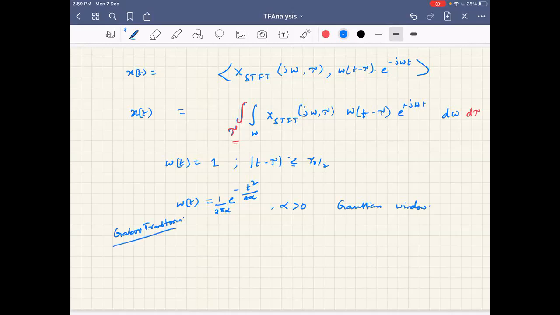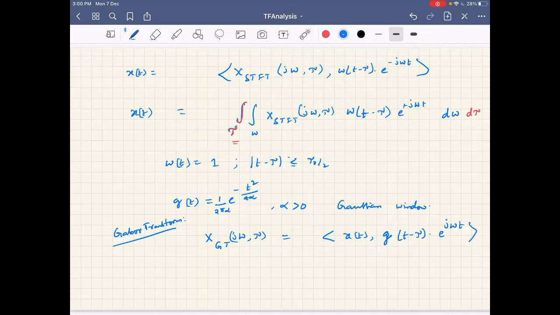It analyzes the frequency content of the signal at a given time t through the inner product of x of t with the Gabor window. To differentiate it from the rectangular window, let us define it as g of t: g of t minus tau into e power j omega t. This is what we do.